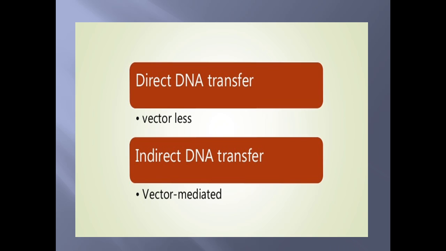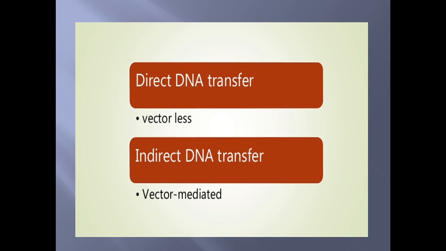Vectorless transfer means that no mediator is required. Without the help of a transforming vehicle, the gene or DNA is made to come in direct contact with the host cell or the recipient cell, and the DNA is transferred directly in case of direct DNA transfer.